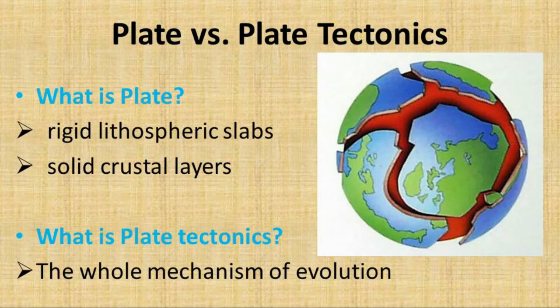Then what is plate tectonics? Plate tectonics is the study of the whole mechanism of evolution, nature and motion of plates and the interactions of plate margins with each other.